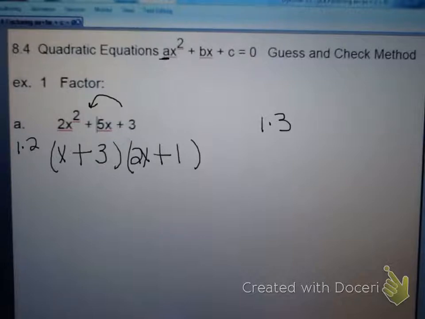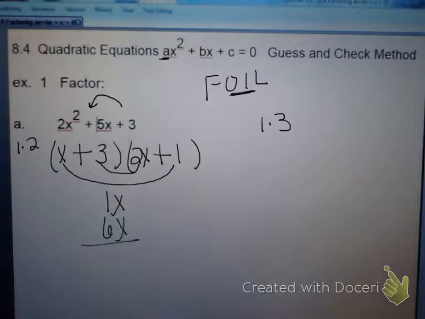Now, after I guessed, I have to check. By checking, you don't have to do the entire FOIL method. You only have to do the outer and the inner. So my outside is 1x, and my inside is 6x, which gives me 7x. My middle term is 5x, not 15x.